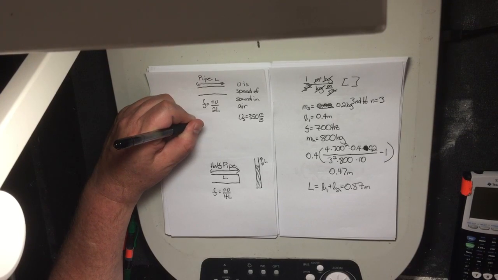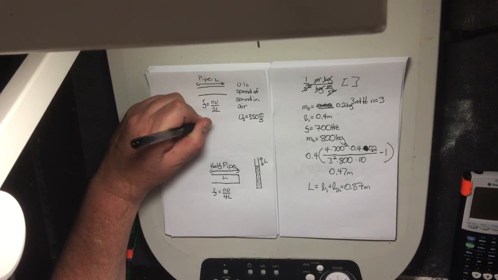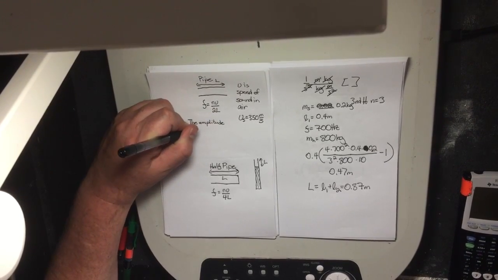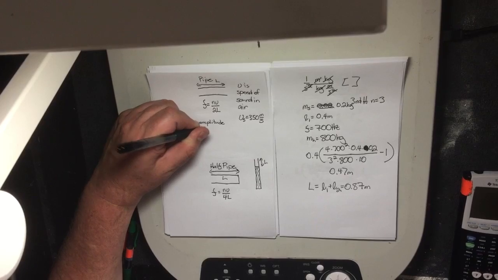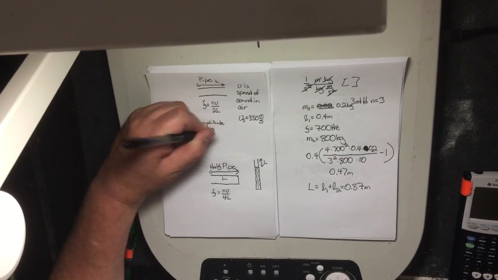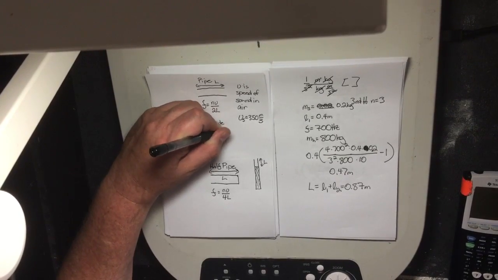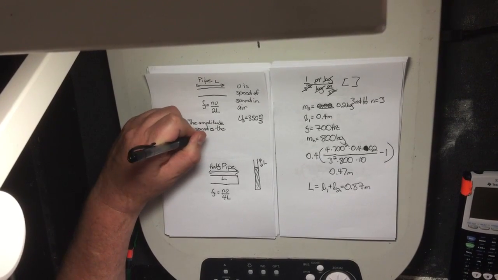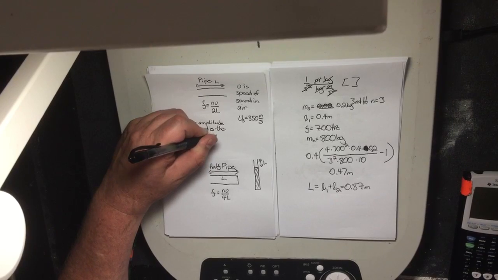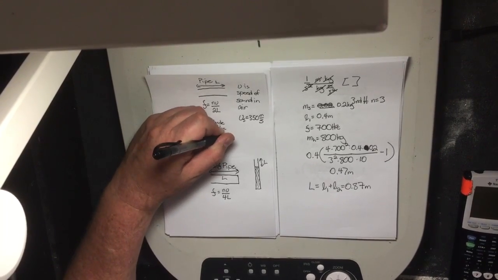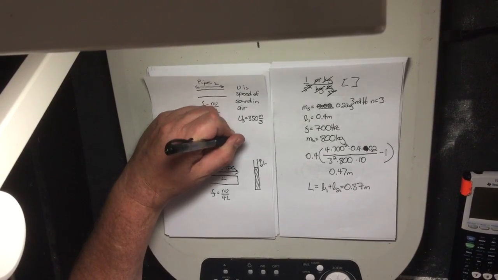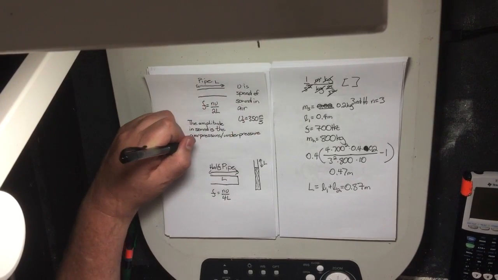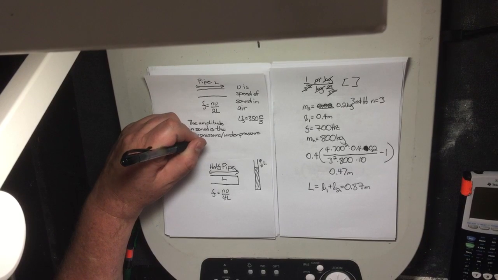The amplitude in sound is the overpressure or underpressure of the air.